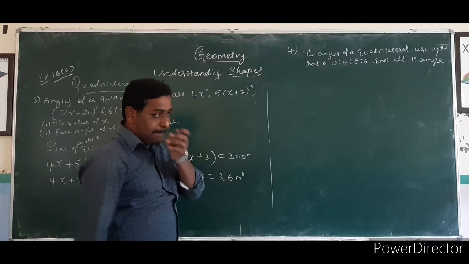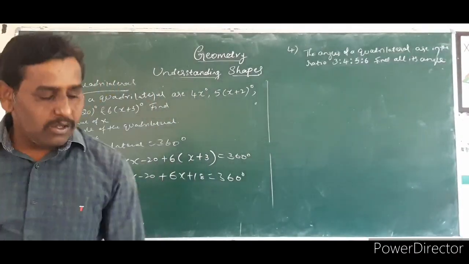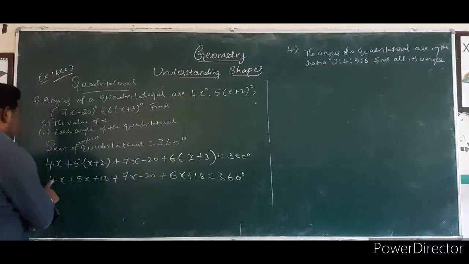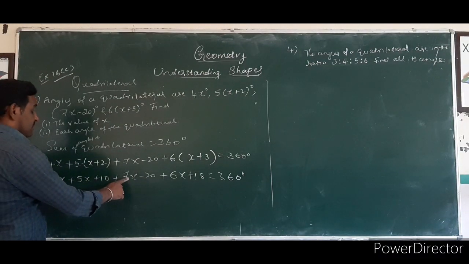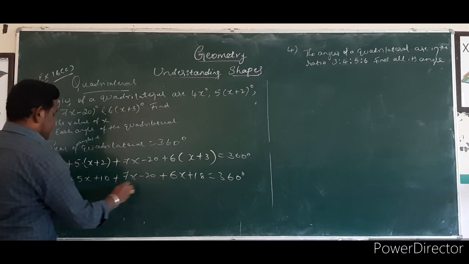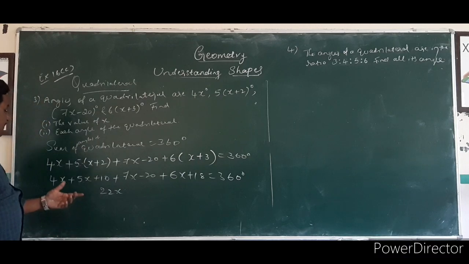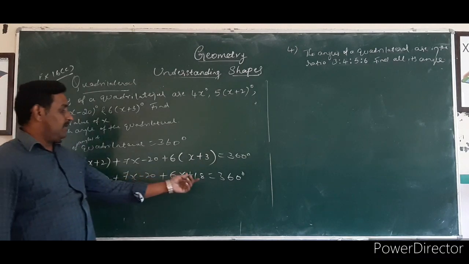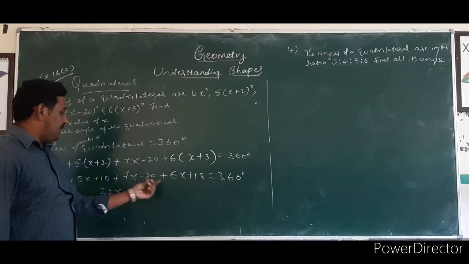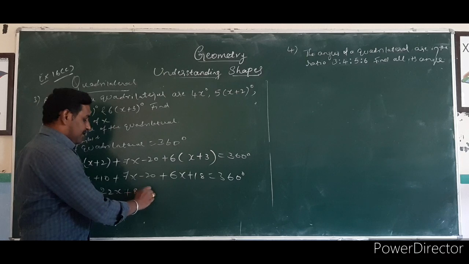The sum is 360 degrees. So if you add all the algebraic terms, 4x plus 5x is 9x, 9x plus 7x is 16x, 16x plus 6x is 22x. Then add the constants, 10 plus 18, 28, 28 minus 20 gives plus 8.